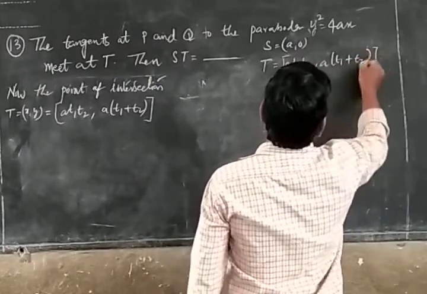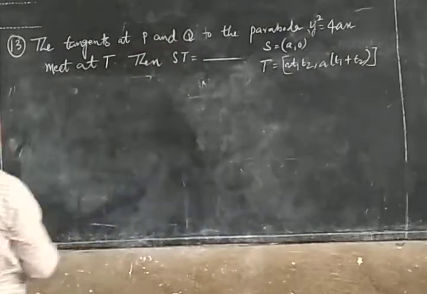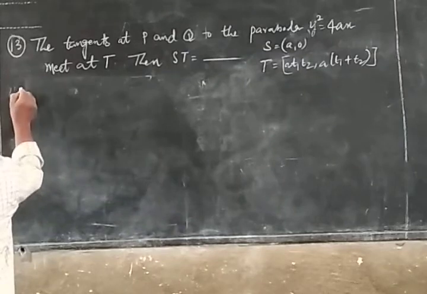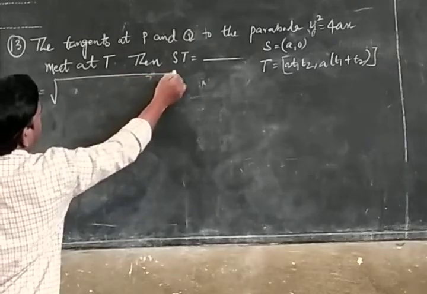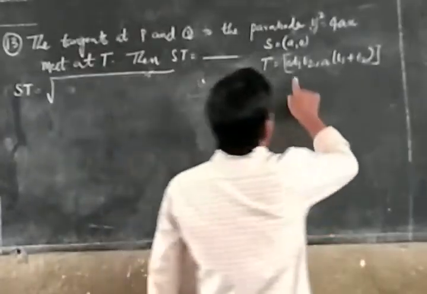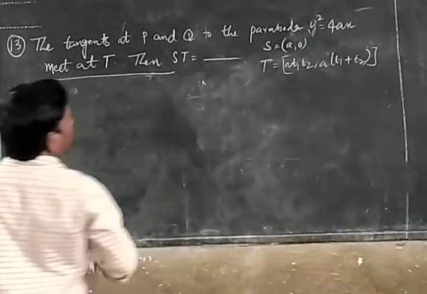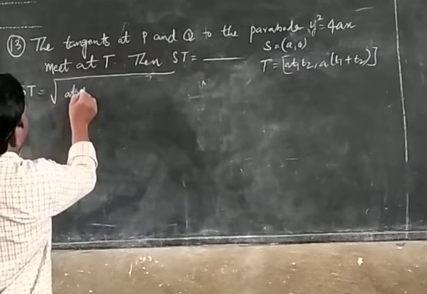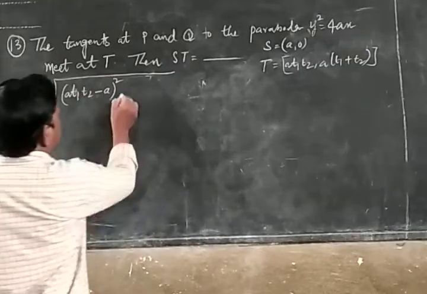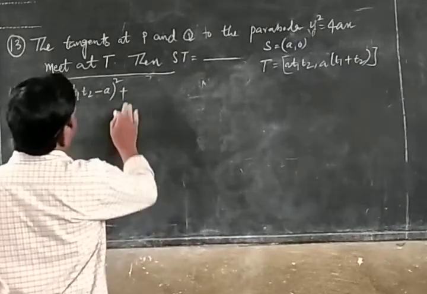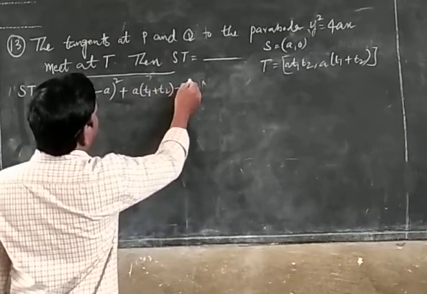Now ST equal to root of x2 minus x1 whole square. This is x1 y1, this is x2 y2. x2 minus x1 whole square means a t1 t2 minus a whole square plus y2 minus y1 whole square. That means a into t1 plus t2 minus 0 whole square.